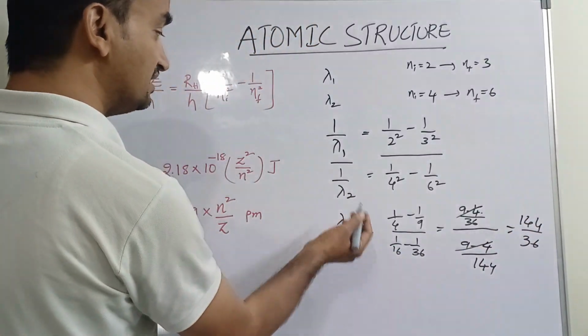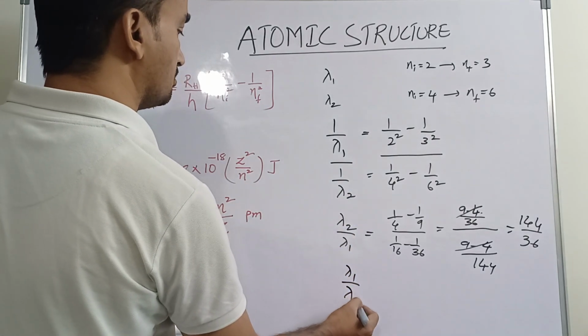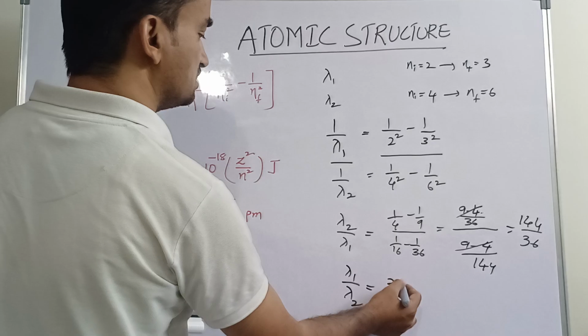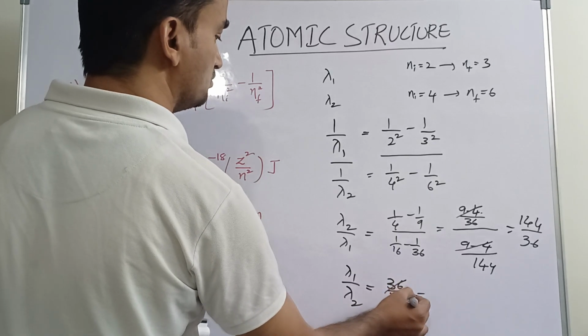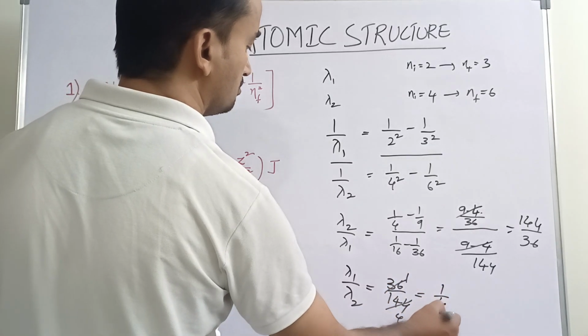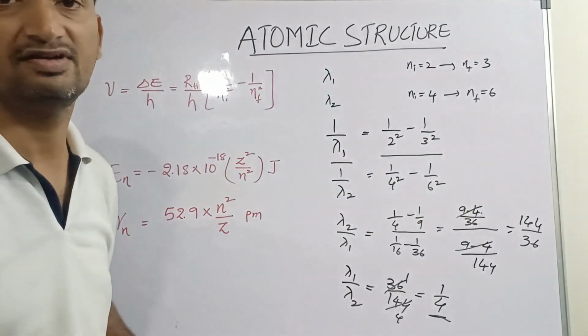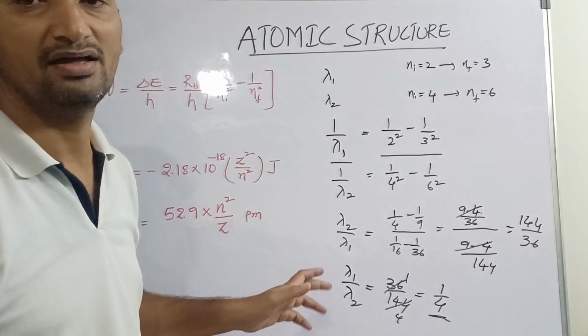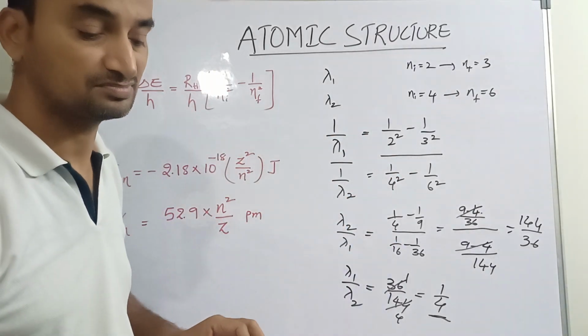But here they are asking the ratio of lambda 1 to lambda 2. So it becomes 36 divided by 144, which is equal to 1 by 4. So the ratio is 1 by 4. The ratio of the wavelengths is 1 by 4. And this formula is directly there in your NCERT textbook.